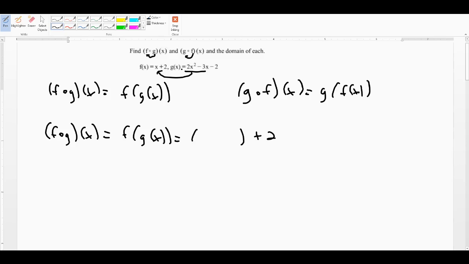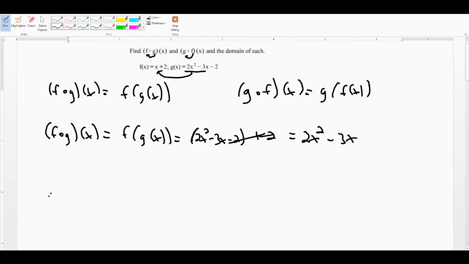It's x plus 2, and then what goes inside it is the g function, which is 2x squared minus 3x minus 2. And then we clean it up. We get 2x squared, or combine like terms in other words. We have 2x squared minus 3x, and then minus 2 plus 2 is the same as 0, because they cancel out. So that's your answer.